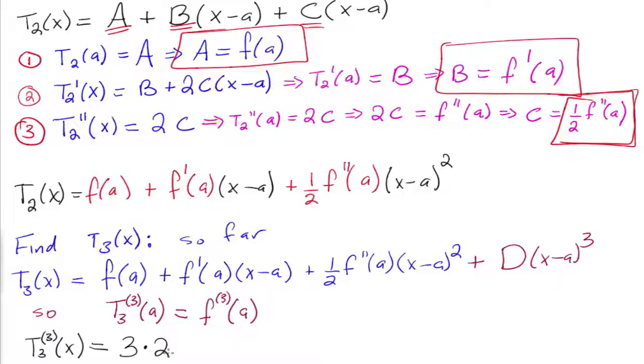Then you get the third derivative, you bring down the 1, which I'll just write down for emphasis, and then times d. Does that make sense? Every time you take the derivative, that exponent comes down, and you lower the degree by one. So I'll leave it like this: 3 times 2 times 1 times d. What do you want that to equal again? You want that to equal the third derivative, right?